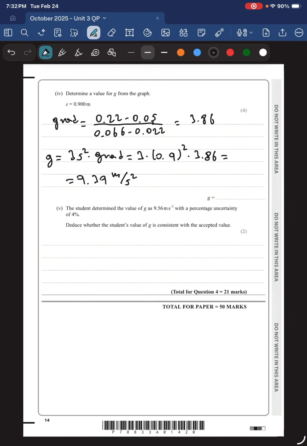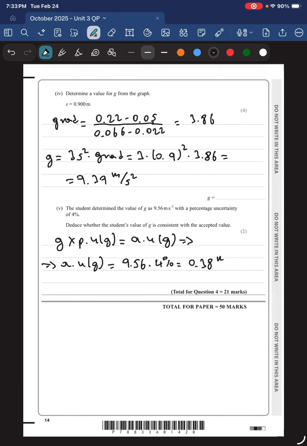So multiplying G times the percentage uncertainty in G gives us the absolute uncertainty in G. The absolute uncertainty in G is 9.56 times 4%, which yields 0.38 meters per second squared. So G is in reality 9.56 plus or minus 0.38 meters per second squared.